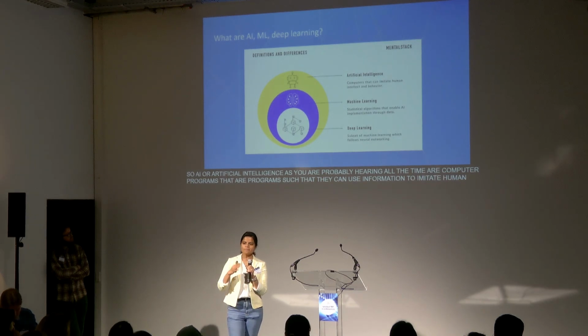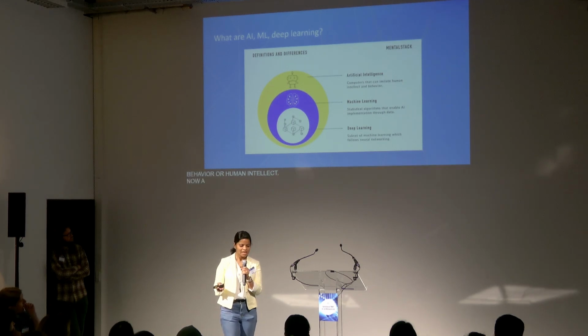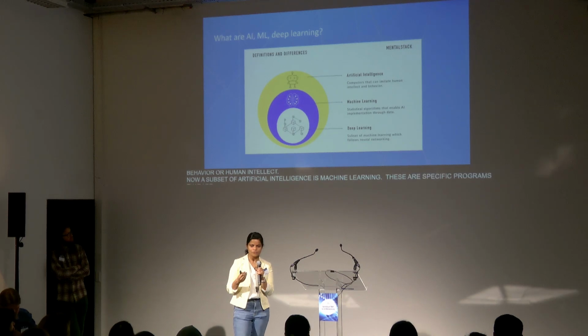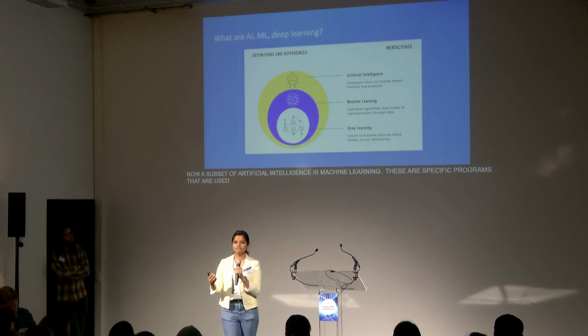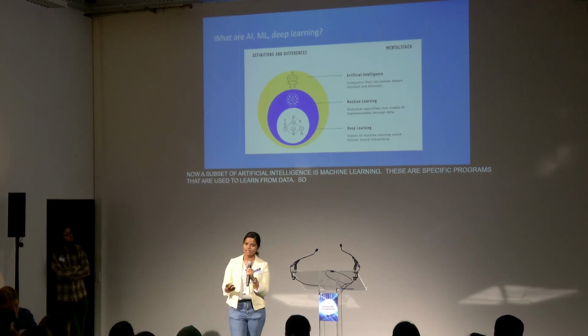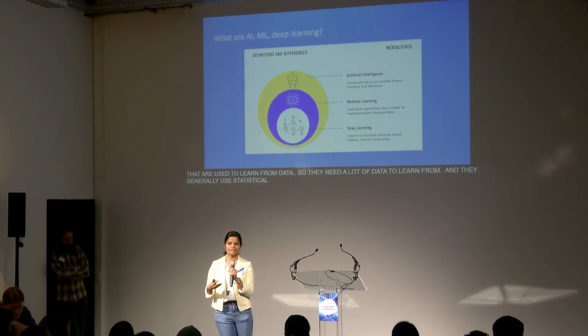Now, a subset of artificial intelligence is machine learning. These are specific programs that are used to learn from data, so they need a lot of data to learn from. And they generally use statistical algorithms in the background to extract information from the data that is provided to them.